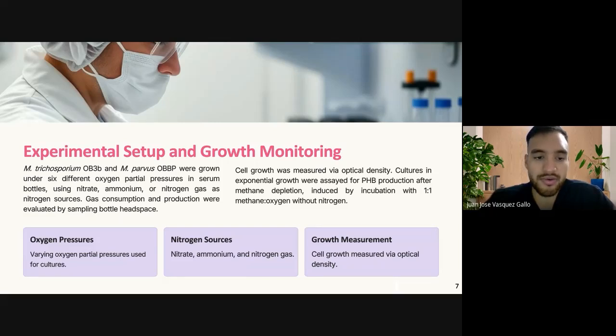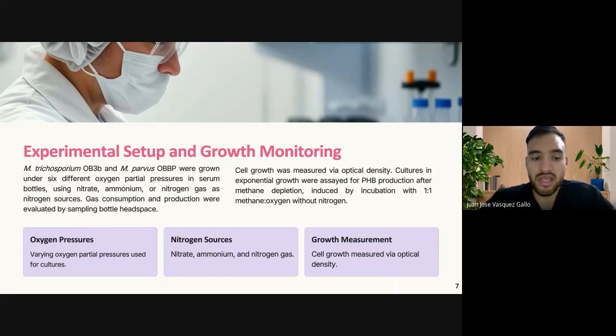Gas consumption and production were monitored by sampling the bottle headspace. Cell growth was measured via optical density, and cultures in exponential growth were sampled for PHB production after methane depletion, induced by incubation with a 1 to 1 ratio of methane and oxygen without nitrogen.